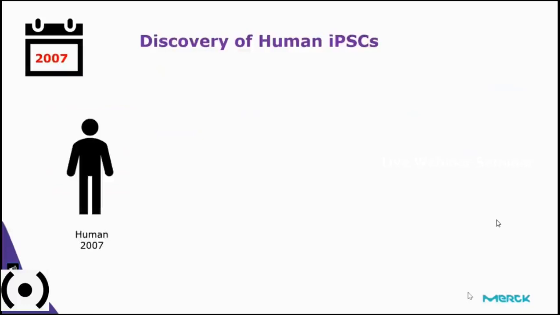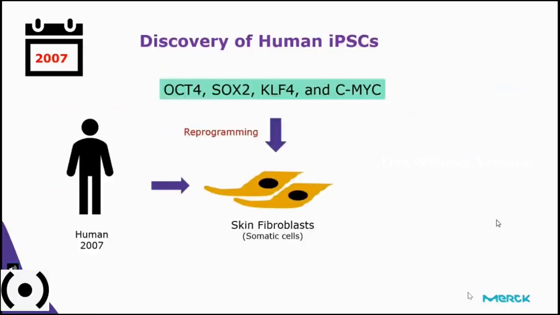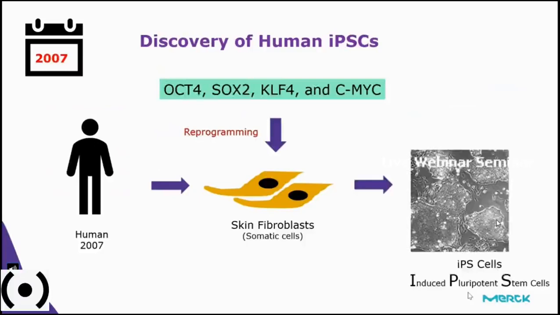He took a biopsy of a human and cultured the human skin fibroblasts, reprogrammed them, and observed that after 3 to 4 weeks, again small colonies of induced pluripotent stem cells started growing in the dish. So he proved that by similar delivery of 4 factors into human fibroblasts, induced pluripotent stem cells can be generated, right?